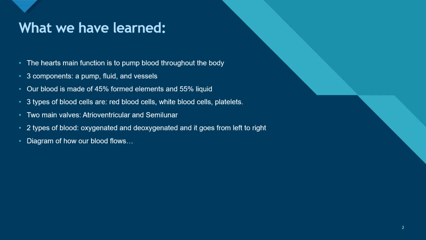There are three components to any circulatory system: a pump, fluid, and vessels. What's the pump in a human system? The heart. The fluid is the blood, and the vessels are things like the veins, arteries, and capillaries. Our blood is made up of 45% formed elements and 55% liquid.